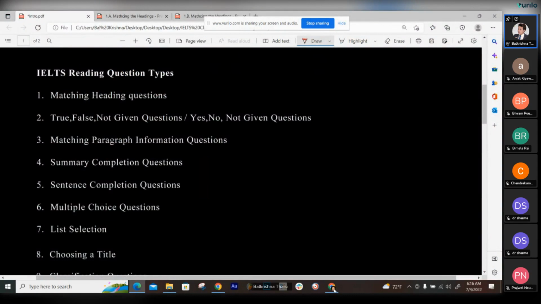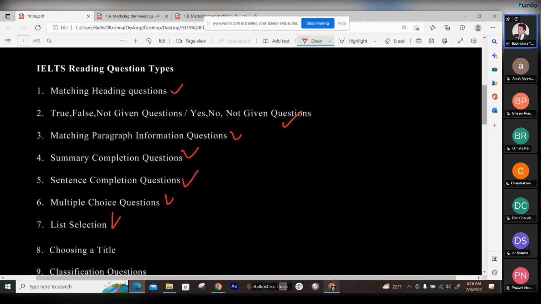So there are different kinds of questions, different question types, and they are matching headings, true, false, not given type questions or yes, no, not given type questions. Matching paragraph information questions, summary completion questions, sentence completion questions, multiple choice questions, list selection, right?